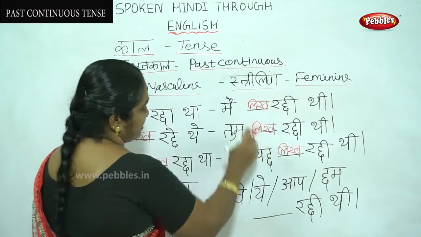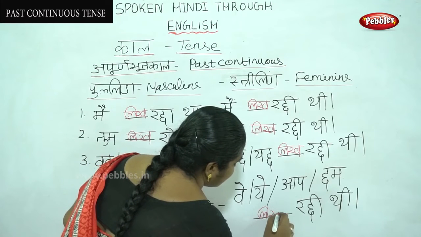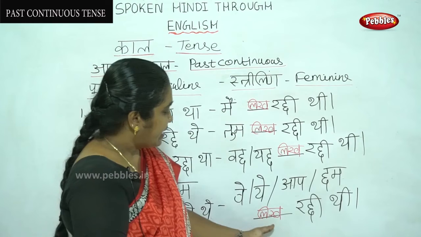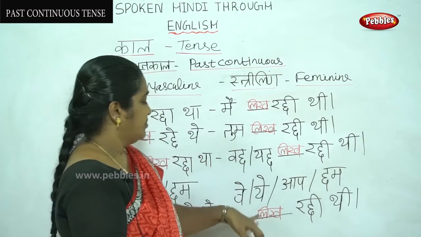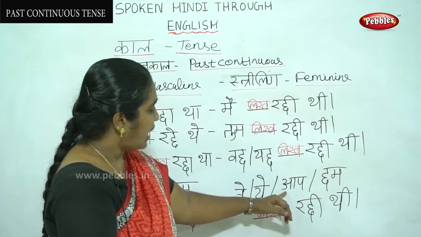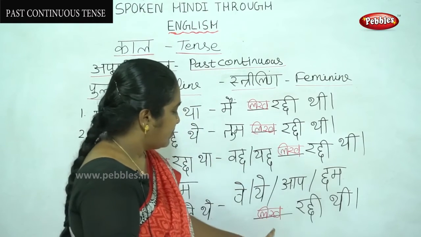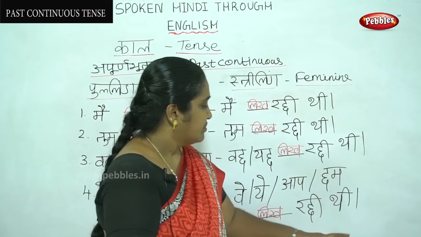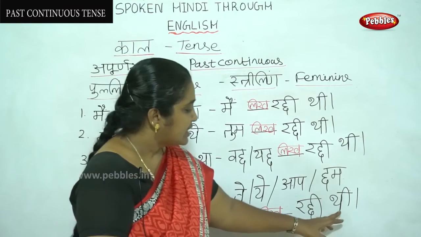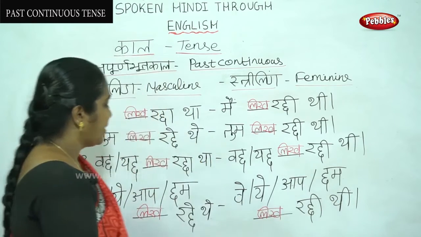Here for the feminine, here also likh. Ve likh rahi thim, ye likh rahi thim, aap likh rahi thim, hum likh rahi thim. We have to see the bindu here. That only we call thim.